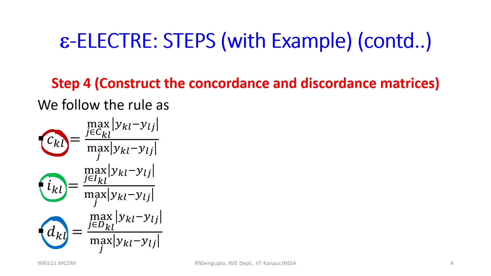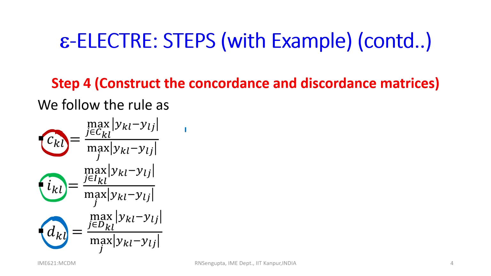Now, in all these 3 cases we follow the same rule. We basically have for each j, j being in the set which comprises the concordance. Next we formulate the indifference, and finally the discordance. So, what we mean by concordance, discordance, and indifference is given here.